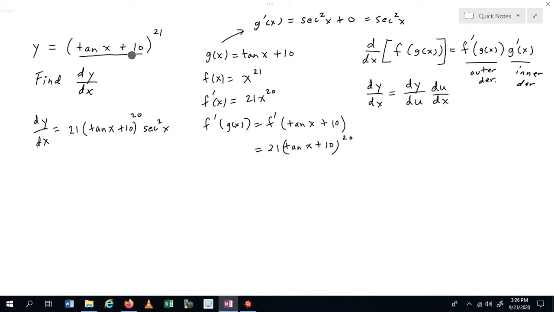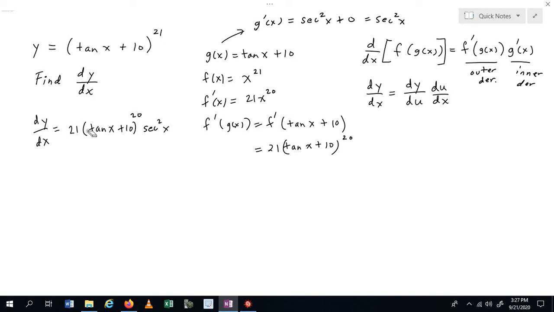Okay, so we can find the derivative of this function using the chain rule, since it's a composition of two functions. But notice, you can also use the chain rule for powers, because it's a function raised to a power. And so the chain rule for powers basically says if that happens, the derivative of this function is simply 21. You take the 21 and you multiply it in front.